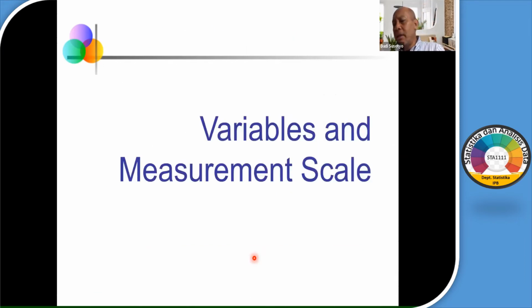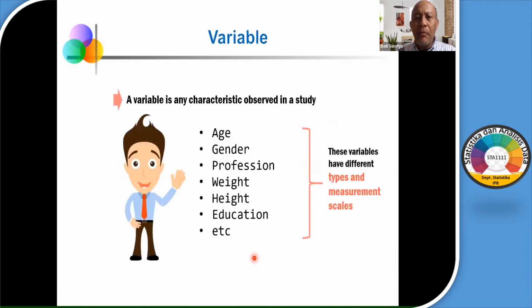So right now we are talking about variable and measurement scale. What is a variable, and what is a measurement scale? Variable, by definition, is any characteristic observed in a study. Again, any characteristic observed in a study.